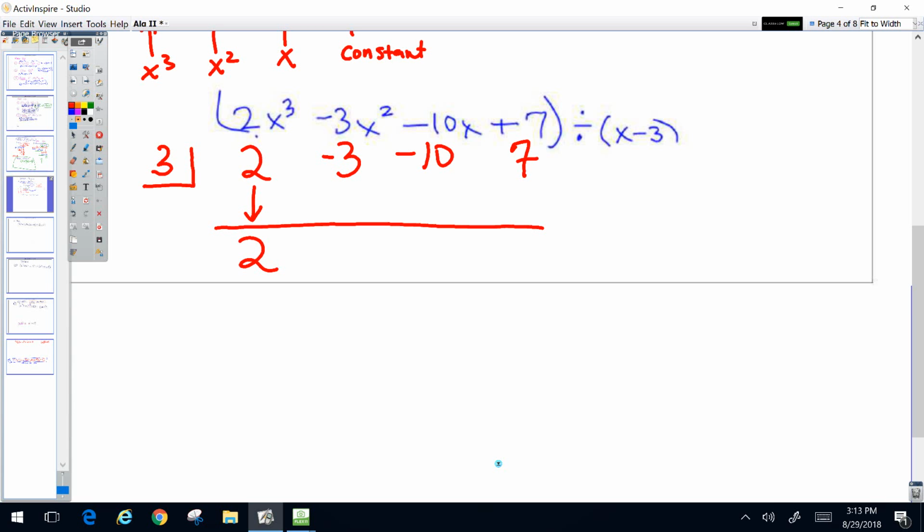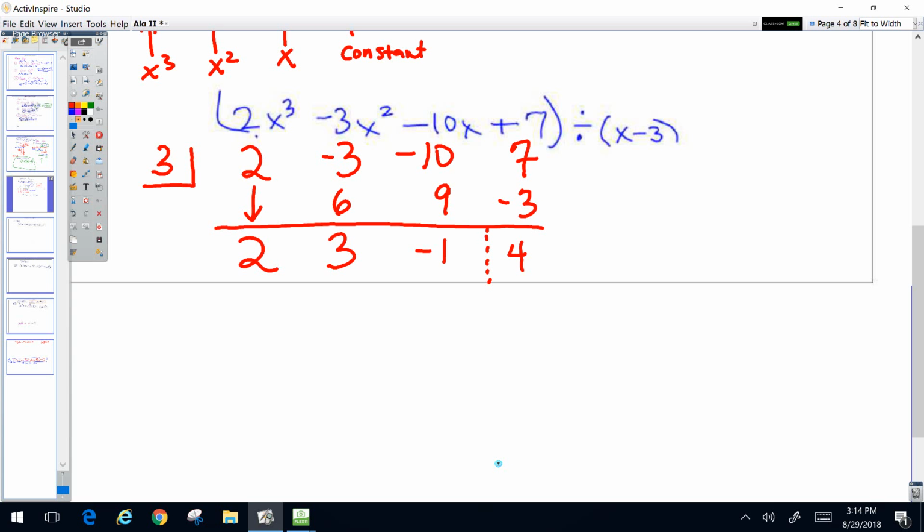Every time, we bring down the first coefficient, no matter what it is. This time it's a 2. And then we multiply. 3 times 2 is 6. And then we add. -3 plus 6 is 3. Multiply: 3 times 3 is 9. Add. -1. Multiply: 3 times -1 is -3. And then we add. Remember that last one is always your remainder.